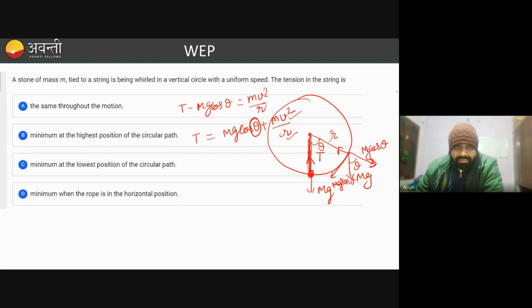So as theta increases, the value of T will decrease, because cos theta will decrease. So tension here is variable.